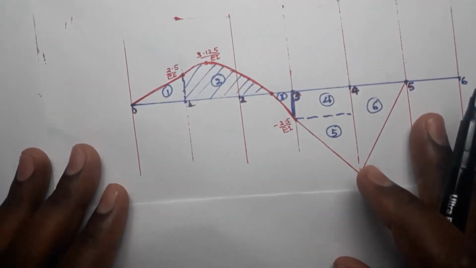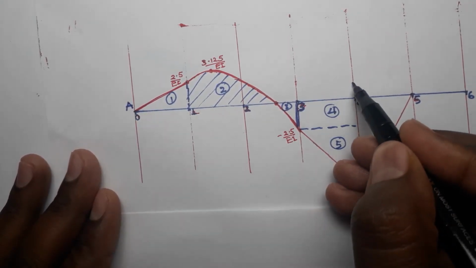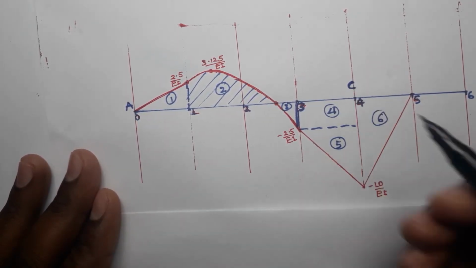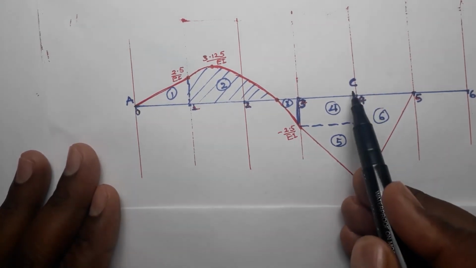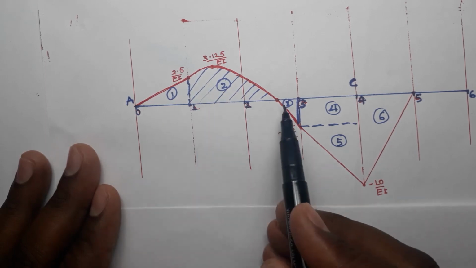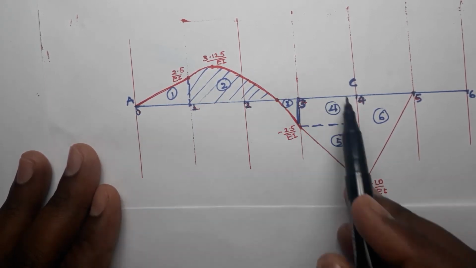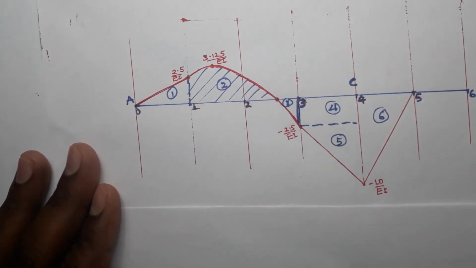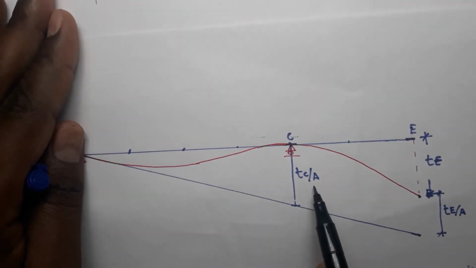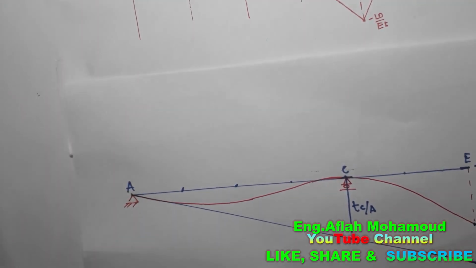Now this is point A, this is point C. So from point A up to point C, we have 1, 2, 3, 4, 5 regions. So the total moment of area of this region will be the translation of C with respect to A. So let me do it one by one using the table.